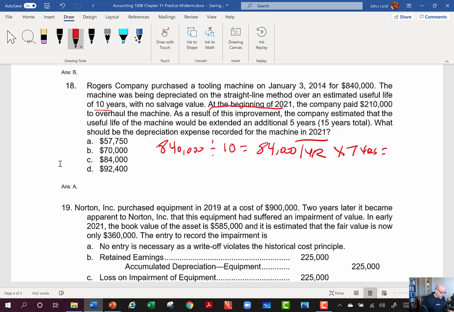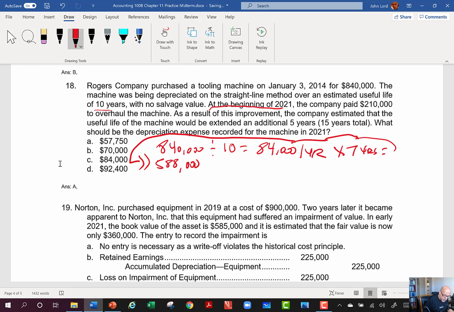So I take that 84,000 times the 7 years. I'm going to write it over here for presentation purposes. Times 7 years, okay. Gives me what? 588,000. I'm trying to draw a line from the 7 years over to this 588. When you do the calculation, that's what you get.